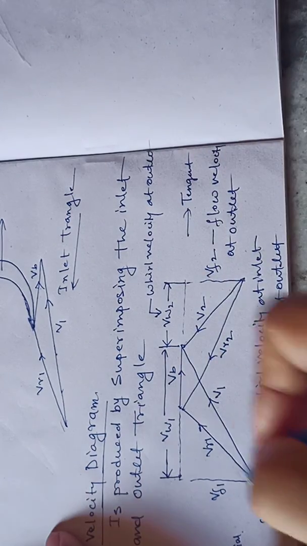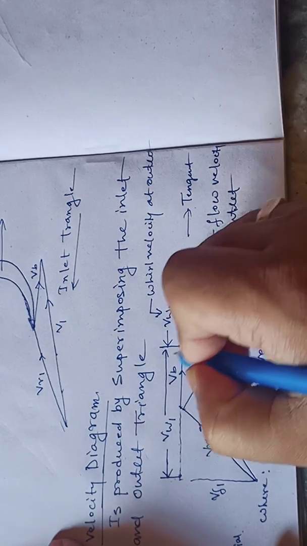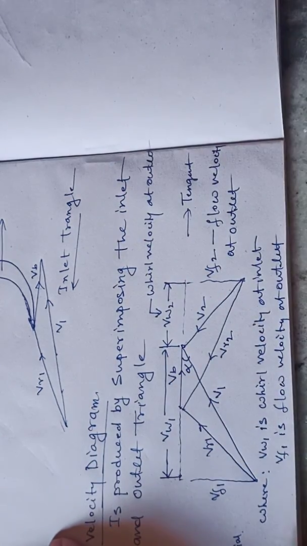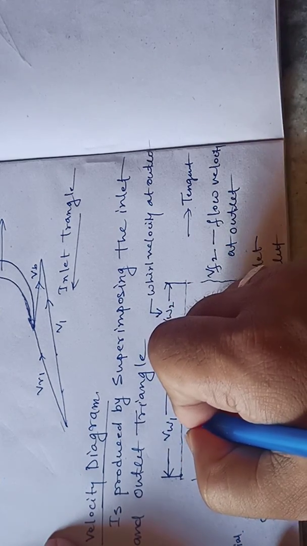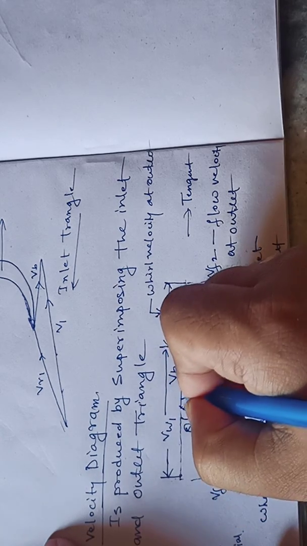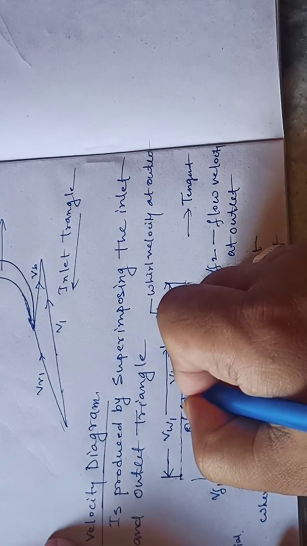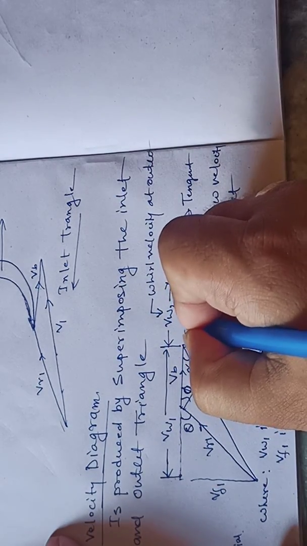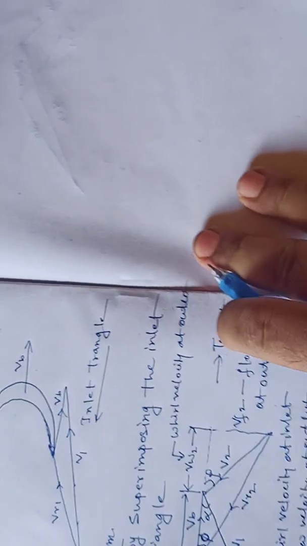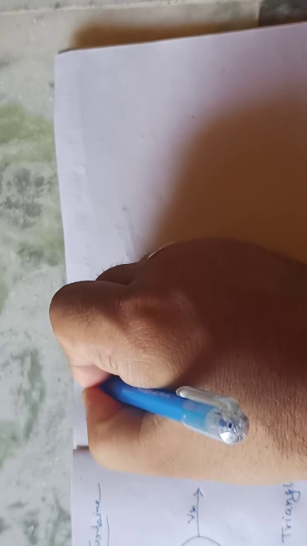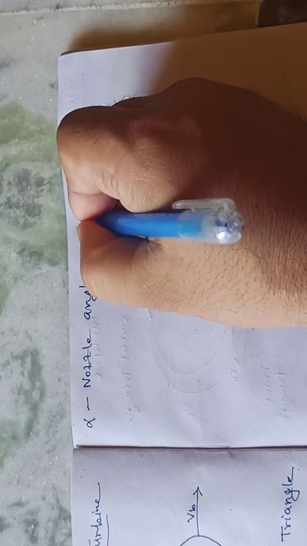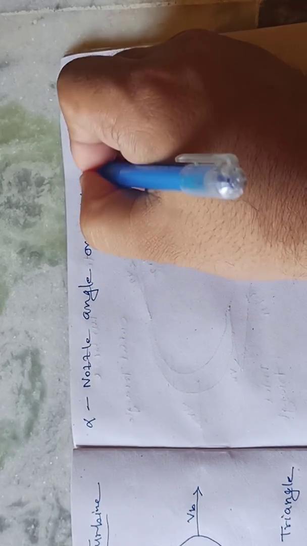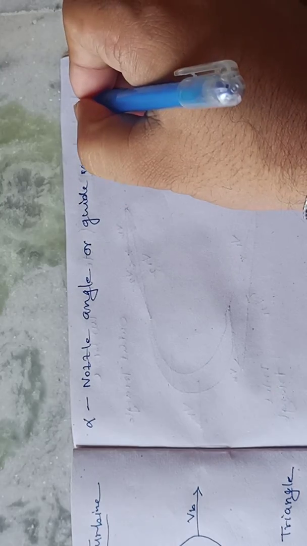Now this angle is called alpha, which is the nozzle angle. This is the blade inlet angle theta, the blade outlet angle phi, and this is the beta. This alpha is called the nozzle angle or guide vane angle.